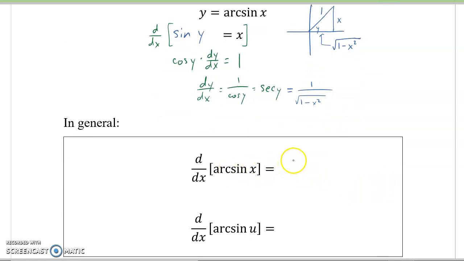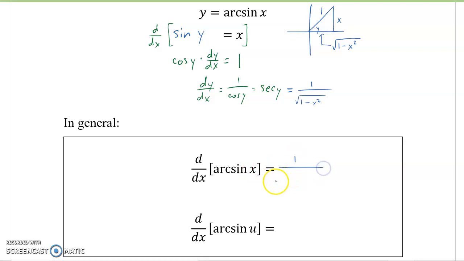The arc sine of x differentiates to 1 over square root of 1 minus x squared. Or if we change x to something more complicated, but in terms of x, then we have to use the chain rule. So we'll multiply that answer by the derivative of our argument. So u prime over the square root of 1 minus u squared.